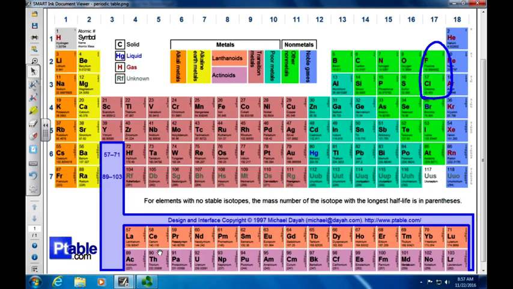But as you move down the periodic table, as we discussed in the previous video, your atomic radius gets larger, which would imply that in the case of chlorine, the electrons are further from the nucleus than in the case of fluorine, which is exactly what we find experimentally.